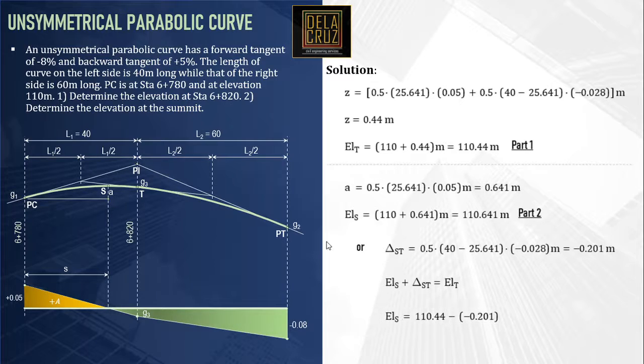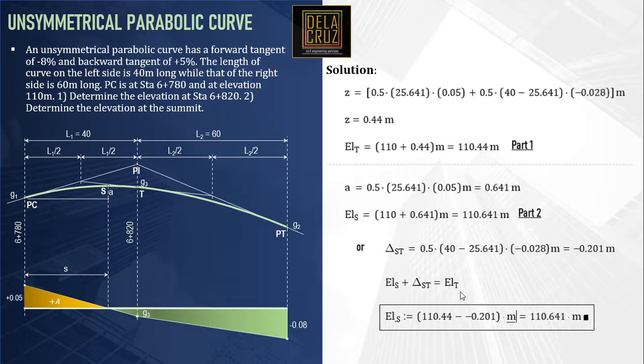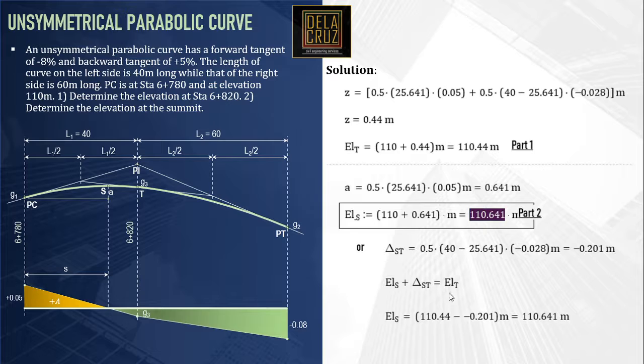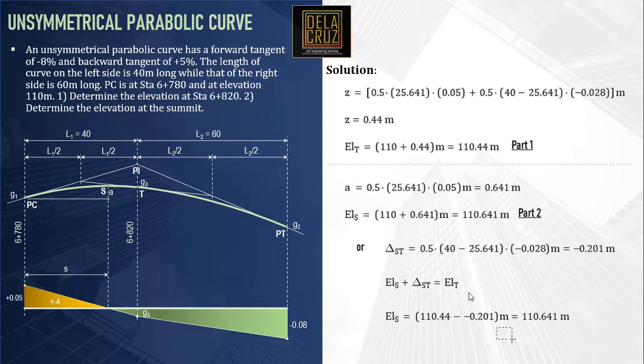Or simply we can have it here, point T plus the difference of elevation equals S. As you notice, negative times negative is positive. So that should give us the same answer, 110.641, same as here. Anyway, you can just do this one, or simply understand the solution.